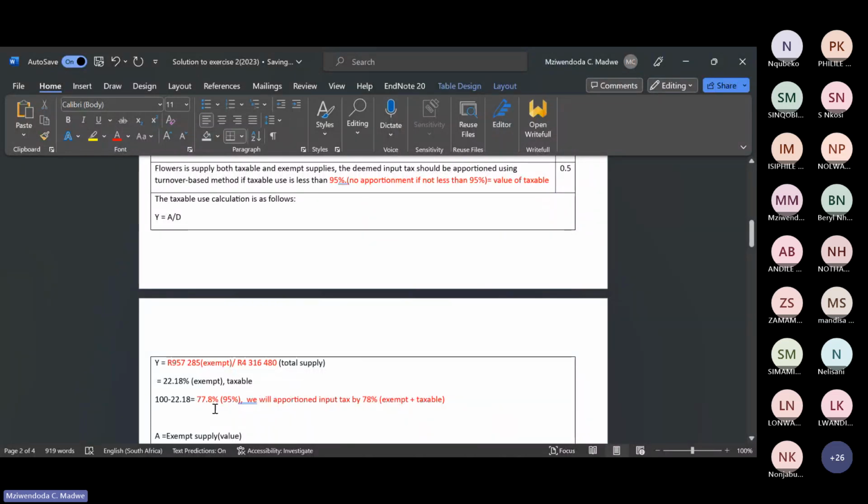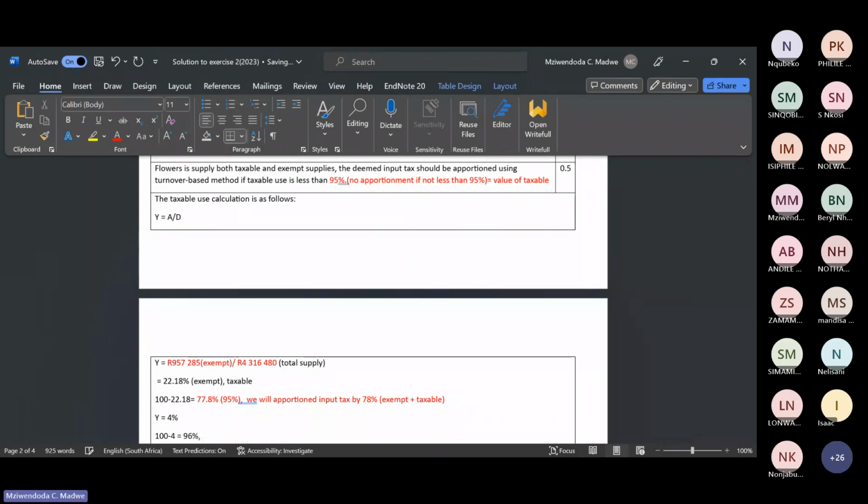But let's say here we got an example where Y was 4%. Then you say 100 minus 4 is equal to 96.